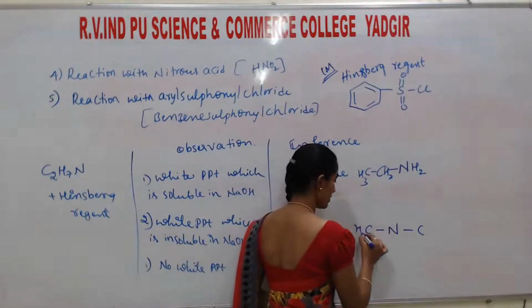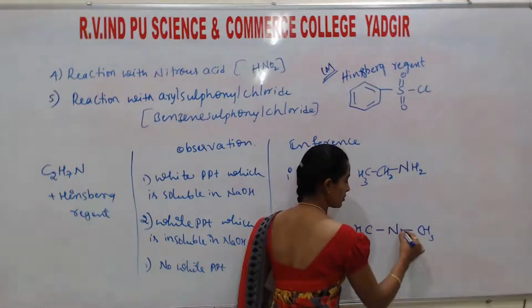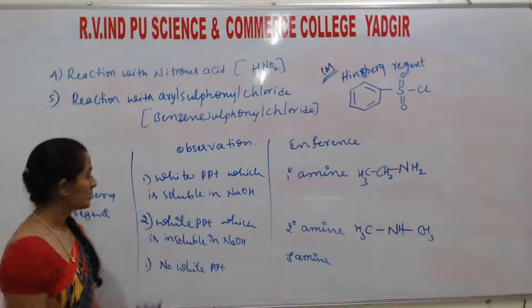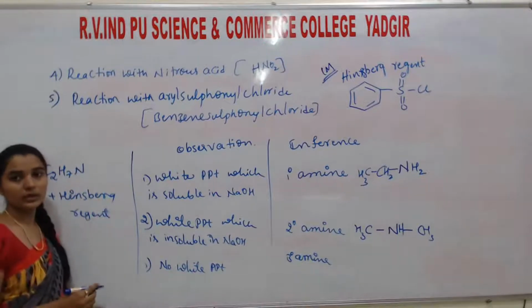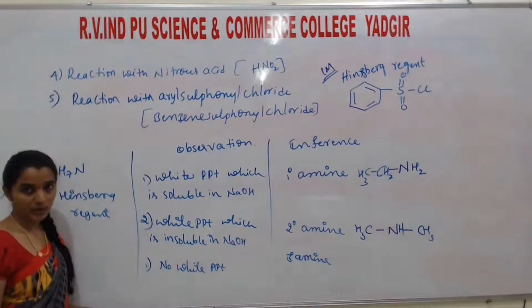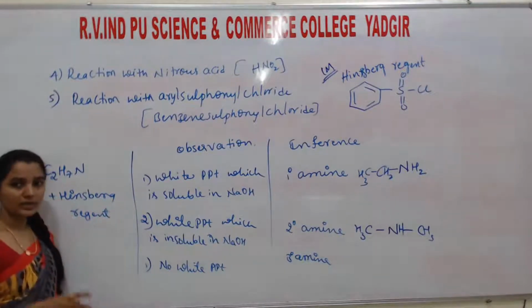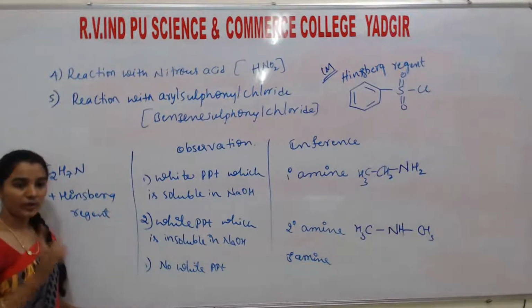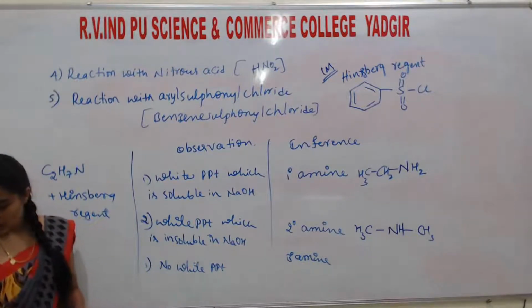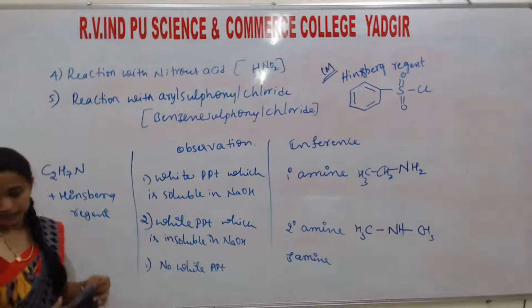So then this is CH3, CH3, NH. Formula remains same, that is C2H7N. Understand? If there is no reaction, that must be a tertiary amine. But here only 2 carbon atoms are there. There may be a possibility only primary as well as secondary. Okay? So this is reaction with sulfonyl chloride.